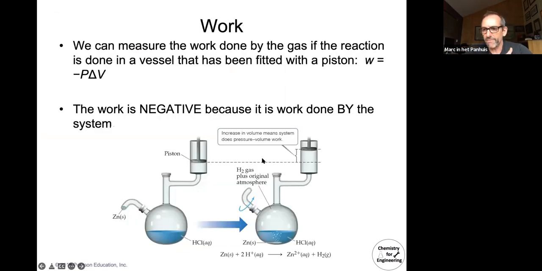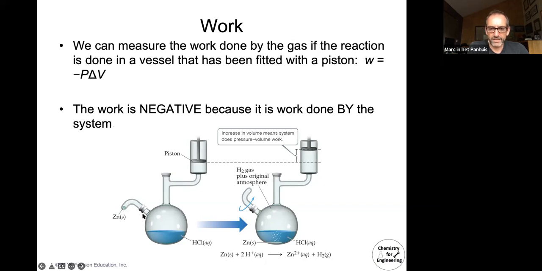So one way this is measured, how you do the work, is if you have this piston system. In particular here, the work is defined as negative because the system is doing the work. You can have, for example, some zinc in hydrochloric acid. I think this was one of the ones that we did in the lab. If you add zinc, you then get the formation of some hydrogen gas.